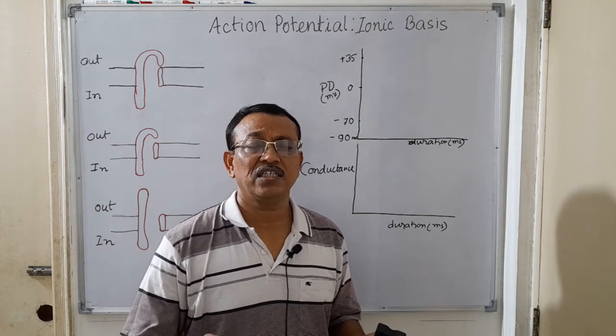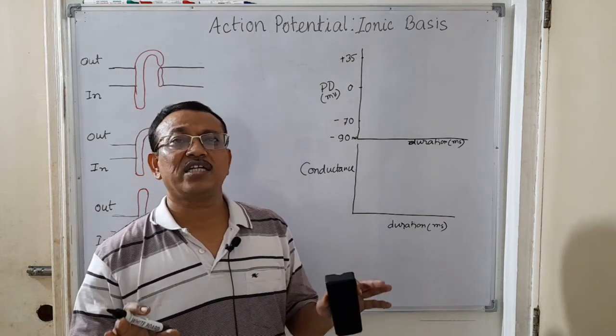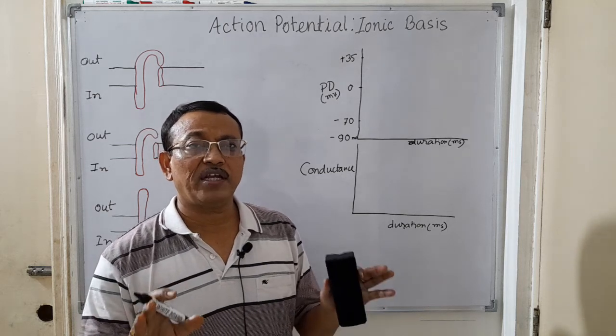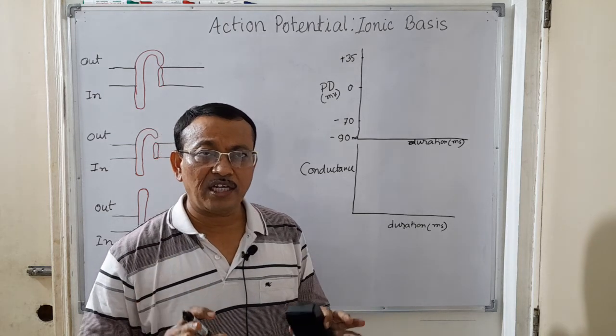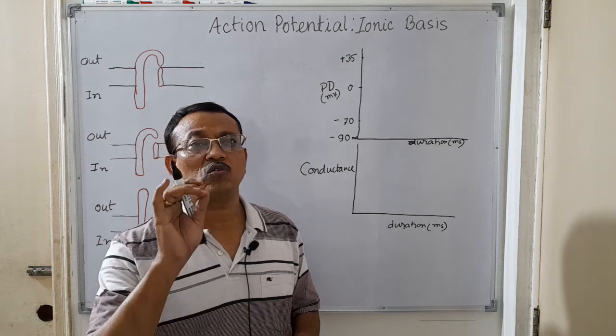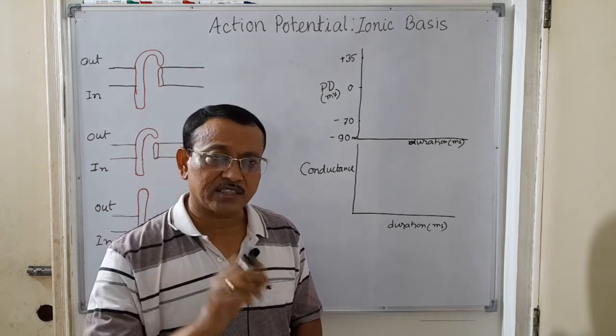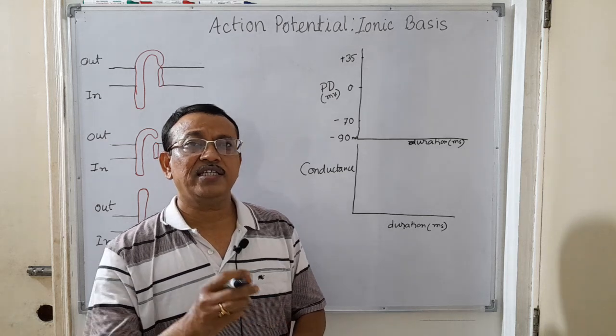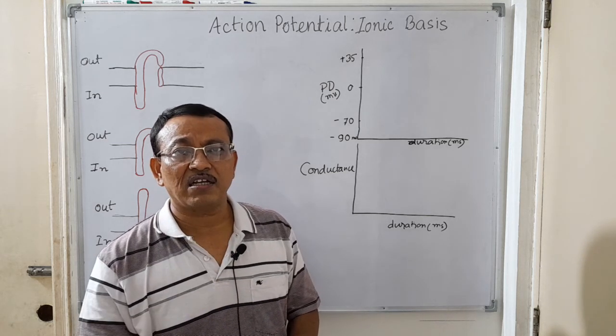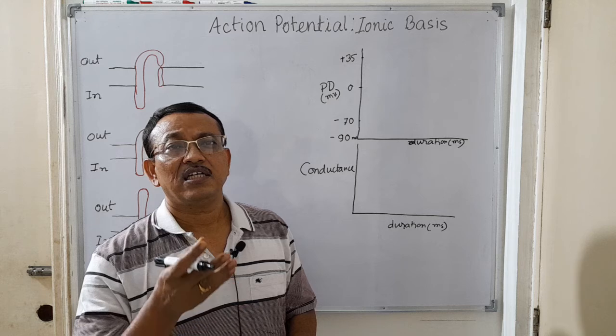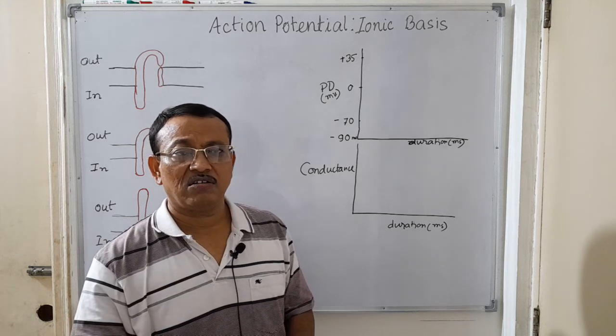As you know, during resting condition, the inside of the membrane is electronegative with respect to the outside of the membrane. Now if a stimulus is applied, then there is a reversal of the membrane potential.